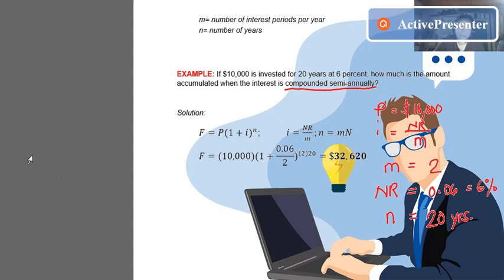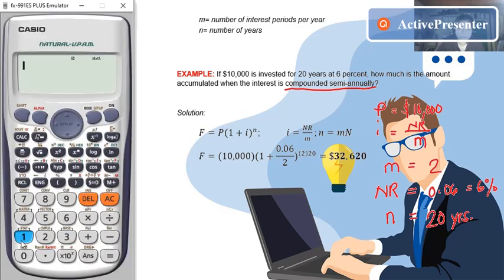Substitute, we have F equals 10,000 multiplied by 1 plus the i. The formula for i is NR over M. So, we have 0.06 divided by M, the mode of interest, which is semi-annually, so 2, raised to our N times M, the number of years, which is 20 years.